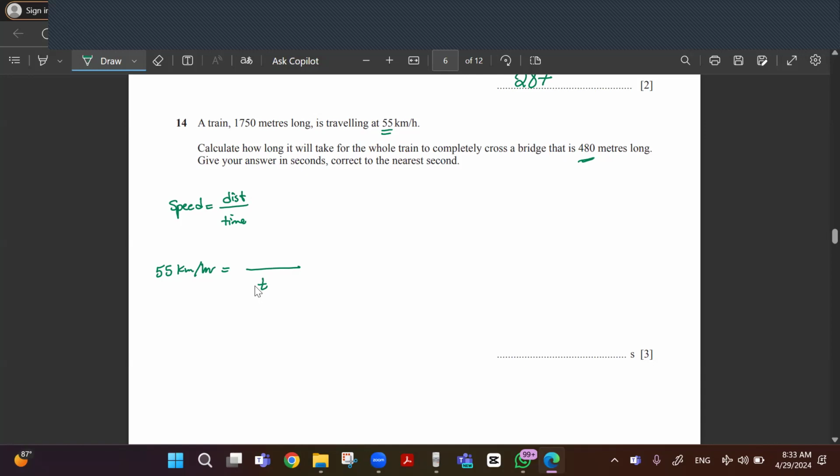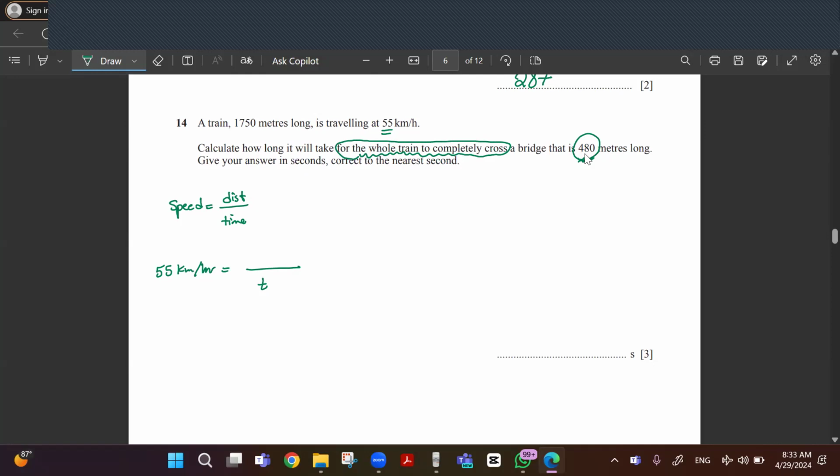Without saying that the whole train completely crosses, I will take the distance as 480. But if this is the distance of the bridge, which is 480, that means from the start of the train until the start of the train reaches the end of the bridge.